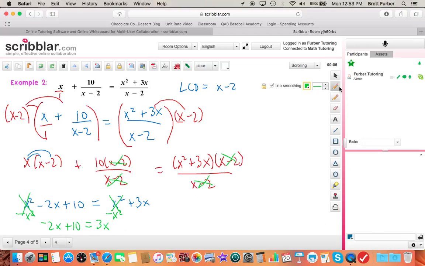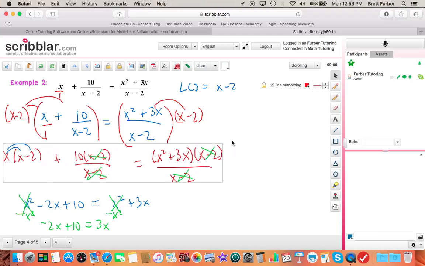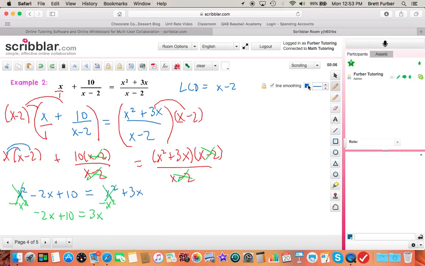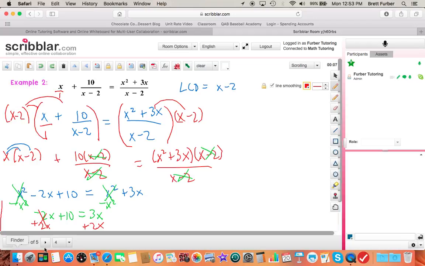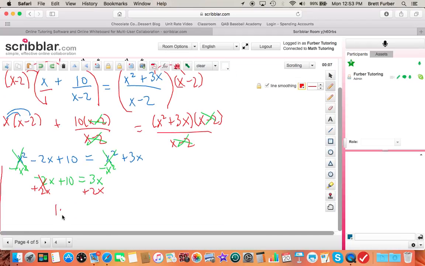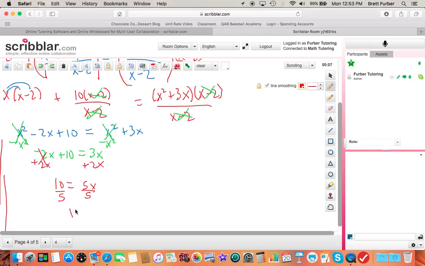And then if I want to solve this, I'm going to have to get the x's on the same side. So I'm going to add 2x to both sides, and I'm going to end up with 10 equals 5x. And when I divide by 5, I am going to end up with x equals 2.